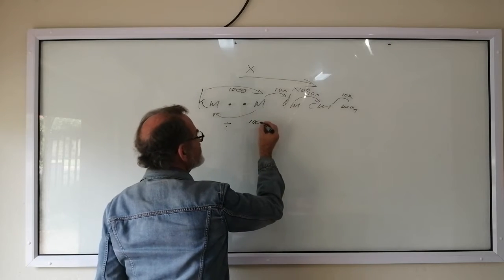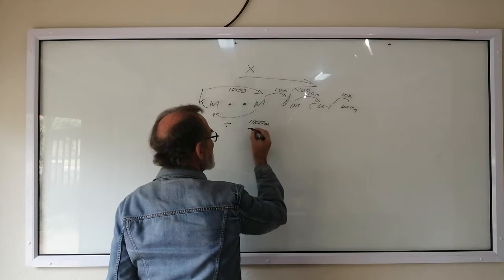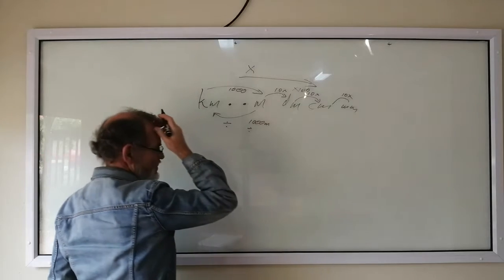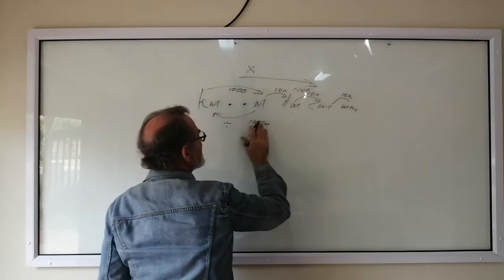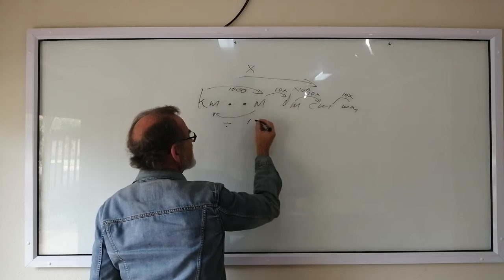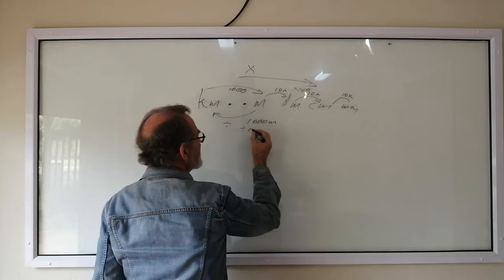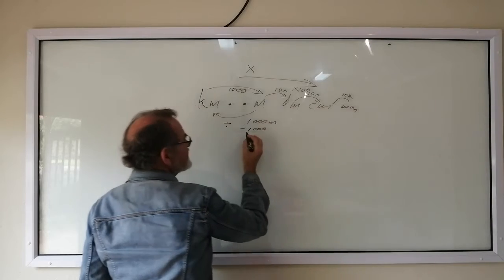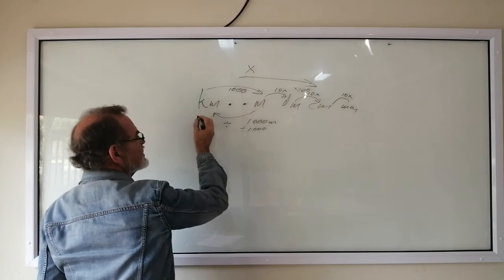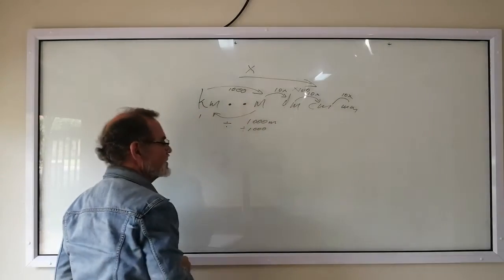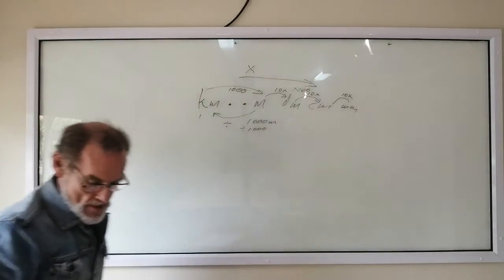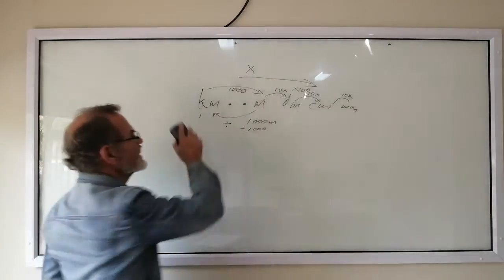So 1,000 meters, you have to divide by 1,000. 1,000 divided by 1,000 is what? 1 kilometer.